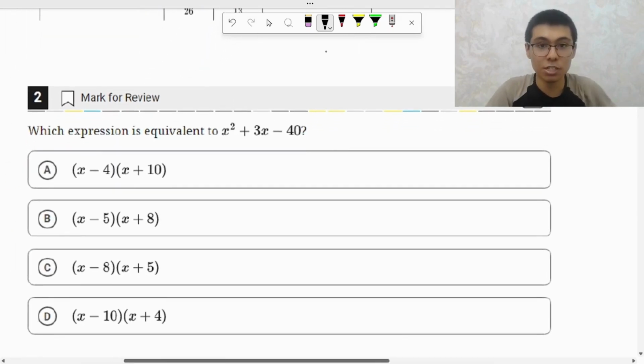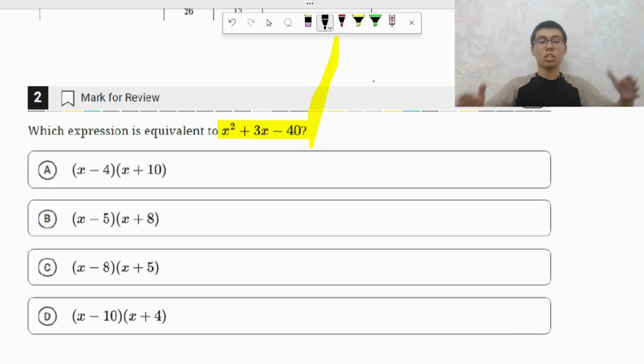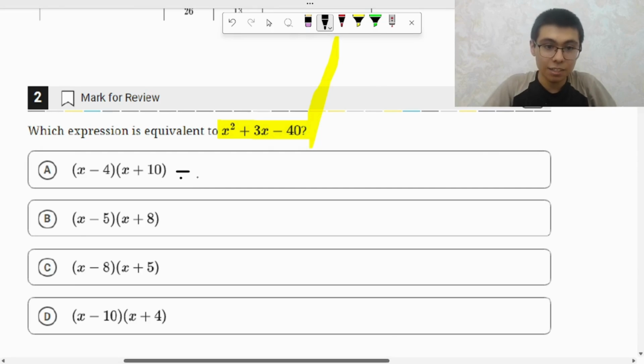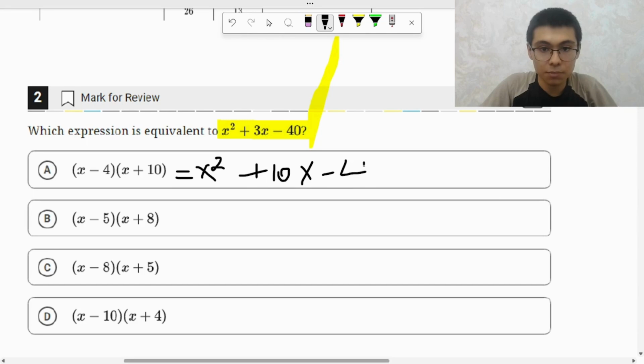Which expression is equivalent to x squared plus 3x minus 40? So the best way to do it is to go through all these answer choices and find the correct one. So choice A, x squared plus 10x minus 4x minus 40.